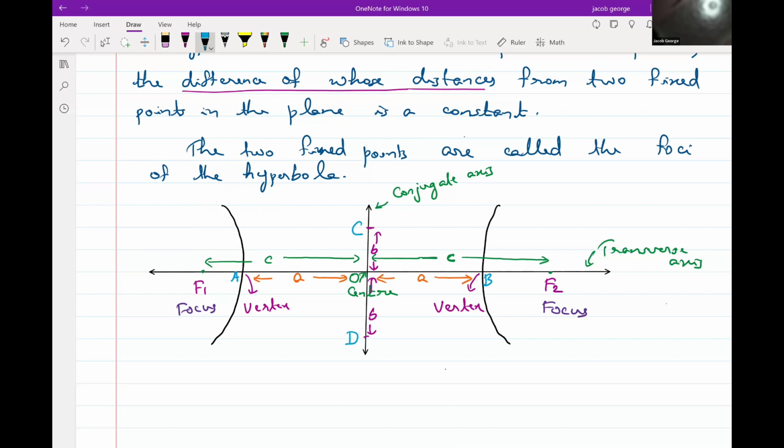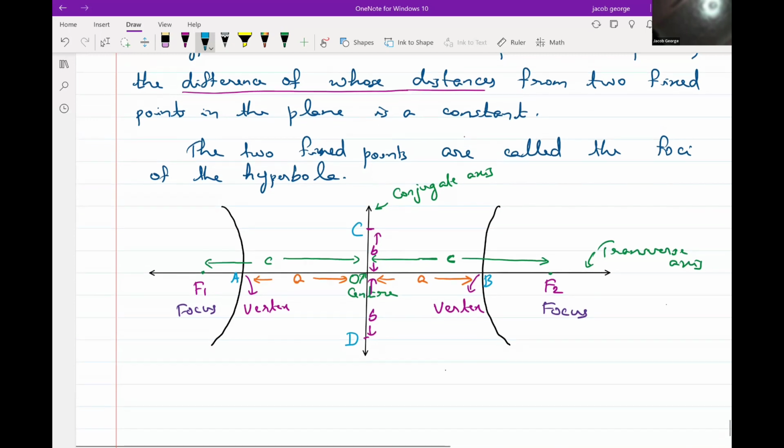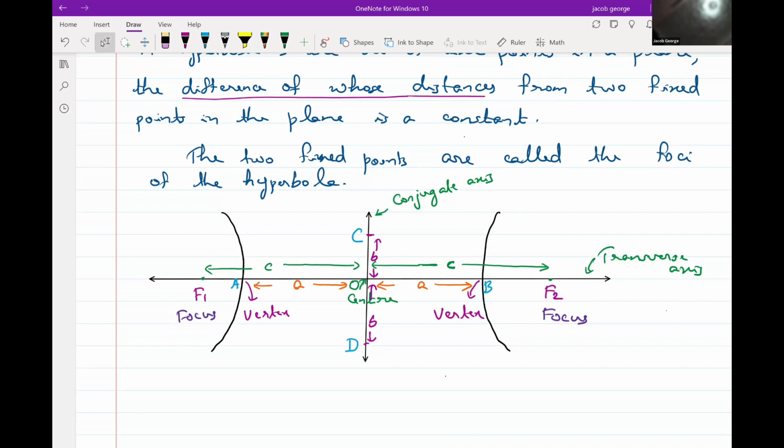C and D are at distances small b from the origin. So CD is 2b. The length of conjugate axis is 2b. So please mark this also into your diagram.